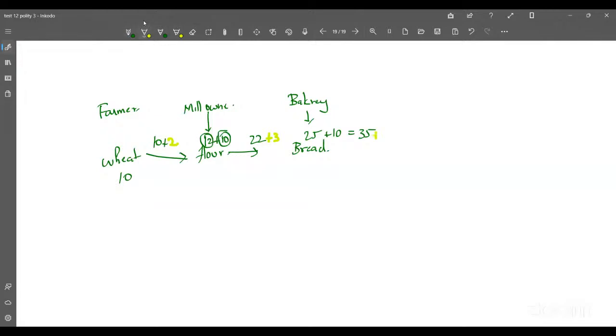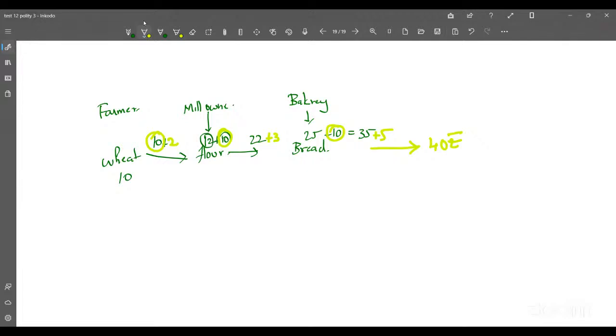Now he adds 5 rupees as tax. And when he sells this to the customer, it would be 40 rupees. Now, what was the price of the wheat actually? It was 10 rupees. Then he added value of 10 rupees. Then he added the value of 10 rupees. Likewise, there are 10 rupees of taxes which were added in each stage.